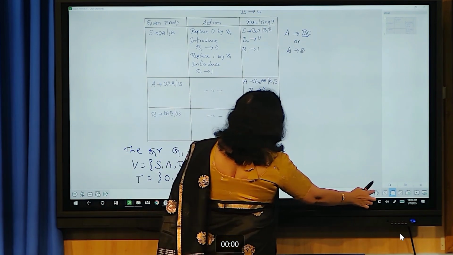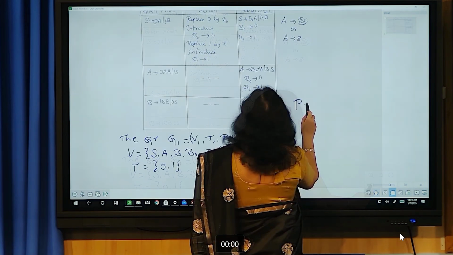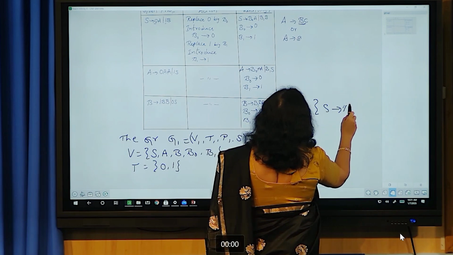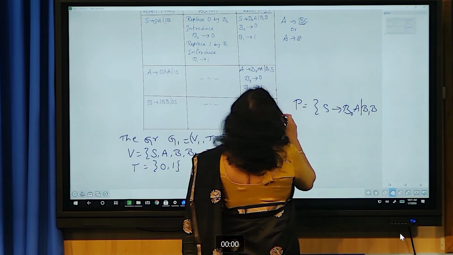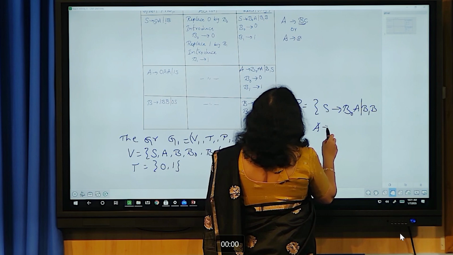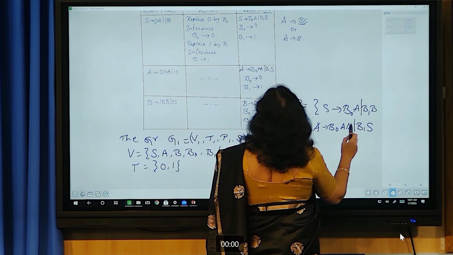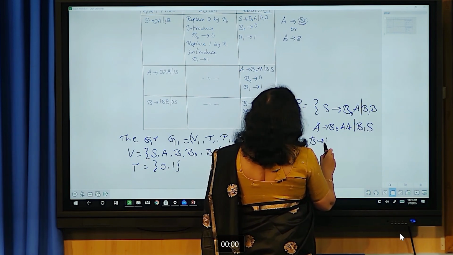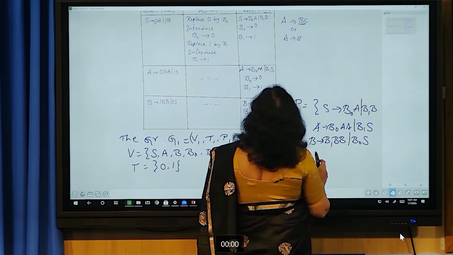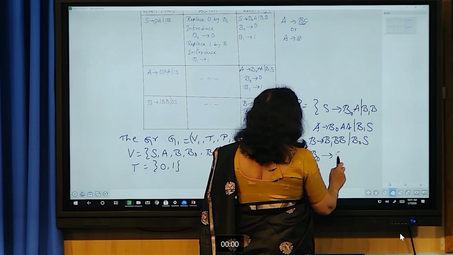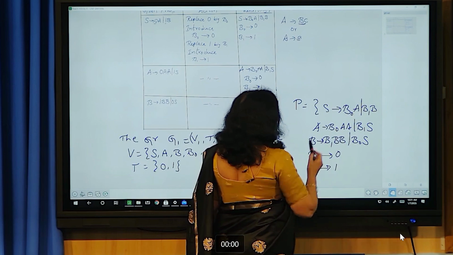Coming to the productions, P equals S produces B0 A or B1 B. A produces B0 AA or B1 S. B produces B1 BB or B0 S. B0 produces 0, B1 produces 1.